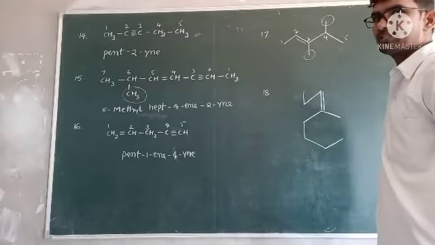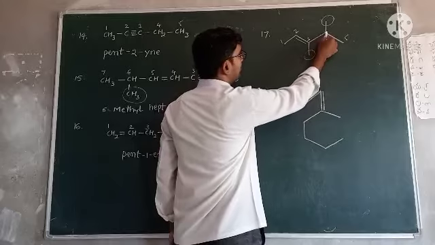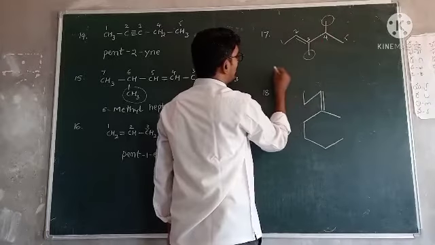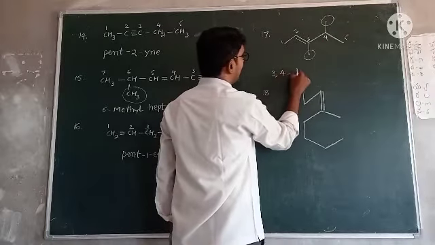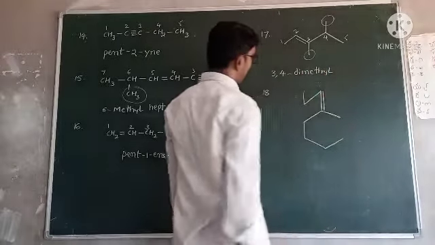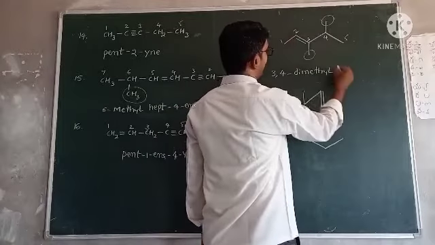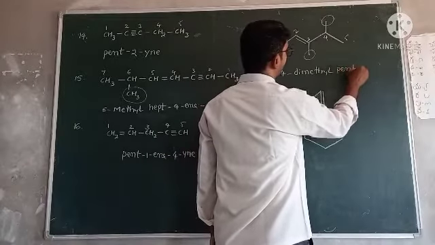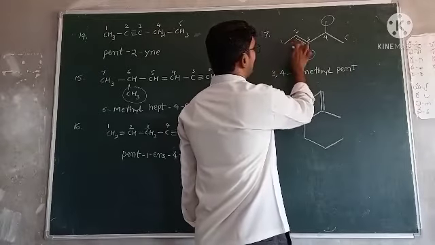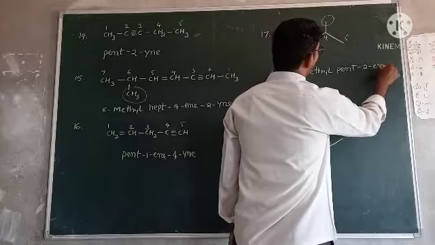Now write the name of this compound. First substitution at 3rd and 4th position, both are methyl groups. So 3,4-dimethyl. Okay, completed. Number of carbons in the long chain, 5 carbons. So pent. And double bond present at 2nd position, so 2-ene.